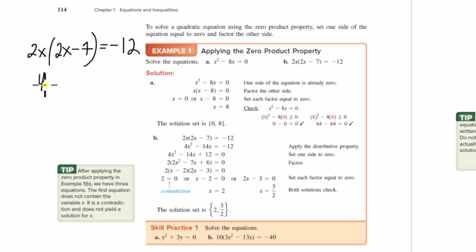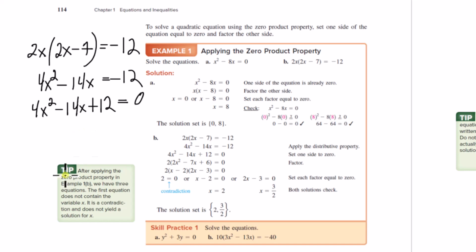So 4x squared minus 14x is equal to minus 12. Now we can see, look, this is quadratic, right? All the terms are these polynomial terms with total degree 2 or less. So we're solving this by bringing everything to one side with the other side equal to 0.